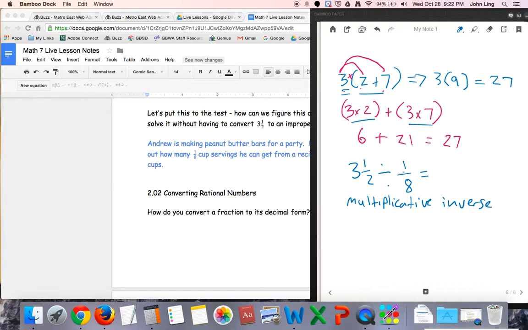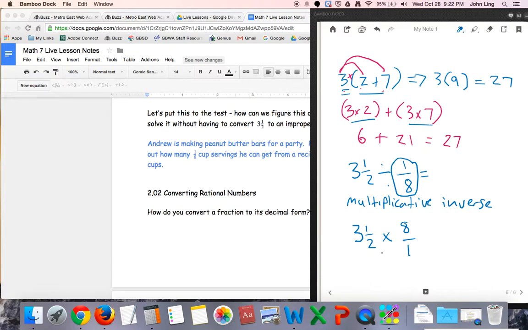And we can flip this 1/8 and change the operation. And I've taught you this trick already. We can say 3.5 divided by 1/8 is the same thing as 3.5 times its reciprocal, its multiplicative inverse, which is 8/1. Okay? That's again using the multiplicative inverse property.